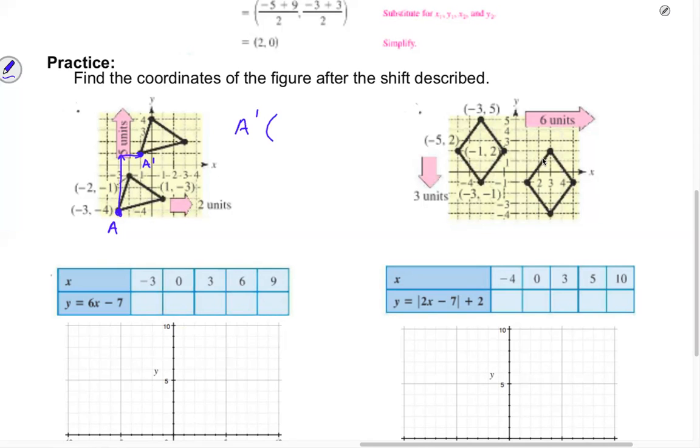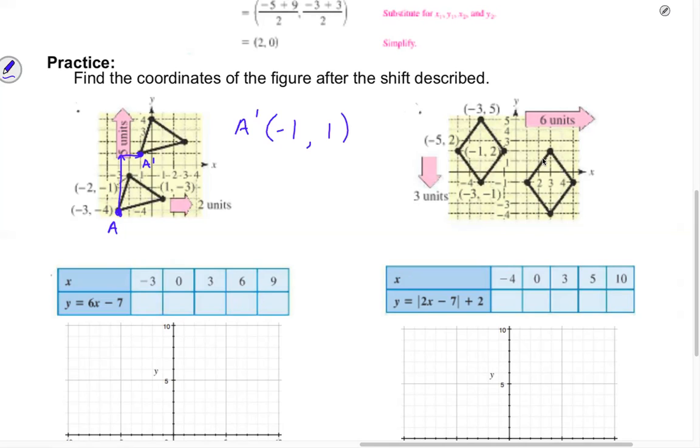So the coordinates of A prime are, well, if I add 5 units to my Y coordinate, -4 plus 5 is 1. And if I add 2 units to my X coordinate, which is -3, so -3 plus 2 is -1, that gives me my new coordinates of A prime. And you can see on my graph that it is (-1, 1).